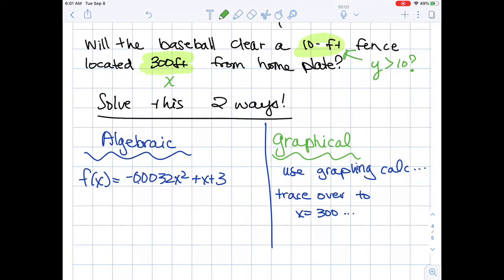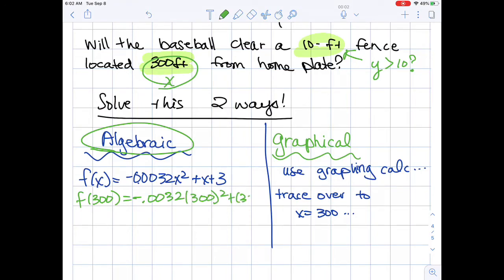So we can solve this two ways. We can solve it algebraically, where we say, okay, well, if I want to know when x is 300, we can go f of 300 and evaluate it. So we get -0.0032 x squared, excuse me, not x squared. We have to plug in the value, which is 300 squared plus 300 plus 3.